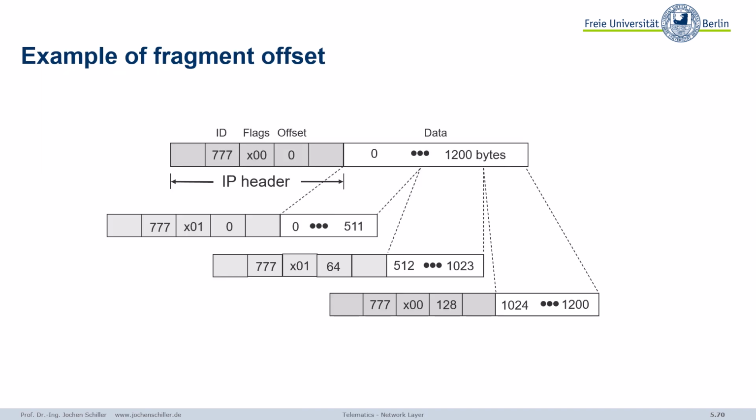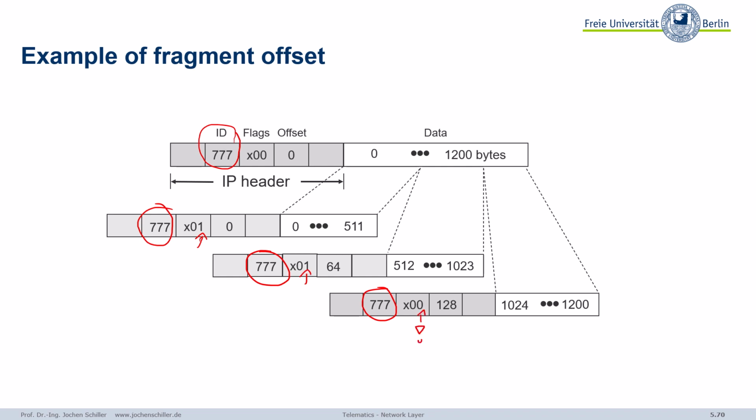How does this look like? So if we have a certain packet, we start fragmenting it, and you see we have a certain identification and we repeat the identification for all the fragments. That means we know that they all belong together. And you also see, okay, we have the more fragment bit set, more fragment bit set.